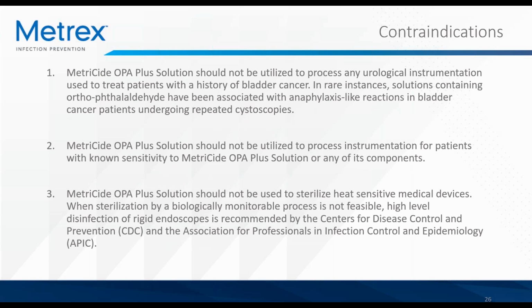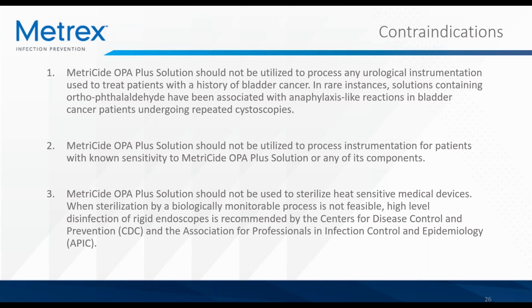There is a contraindication for MetriCide OPA+ and for all OPA solutions really, that these solutions should not be used to process any urological instrumentation used to treat patients with a history of bladder cancer. OPA solutions also should not be used to process instruments for patients with known sensitivity to MetriCide OPA+ solution or any of its components.